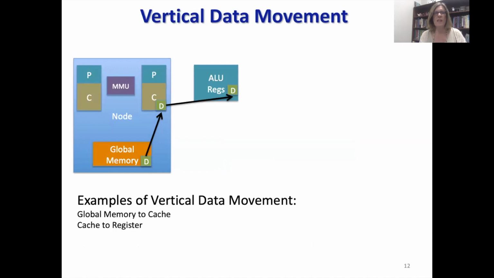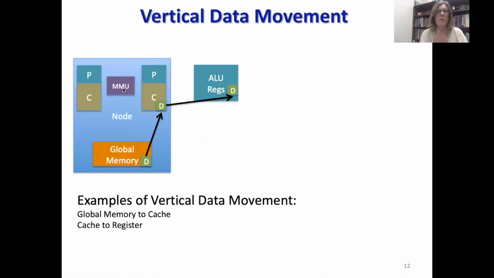So let's drill down a little bit on this expanded picture of a node. We have processing logic and a private cache for that processor, or maybe a cache hierarchy. And both processors share a global memory.